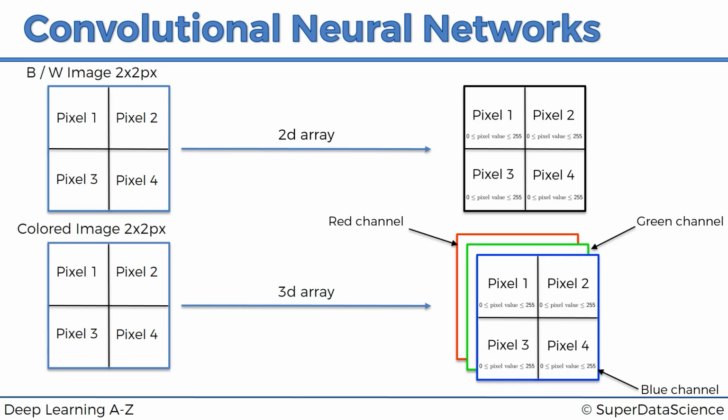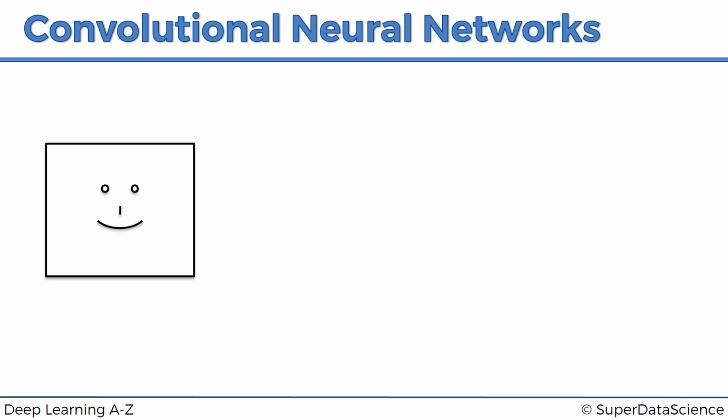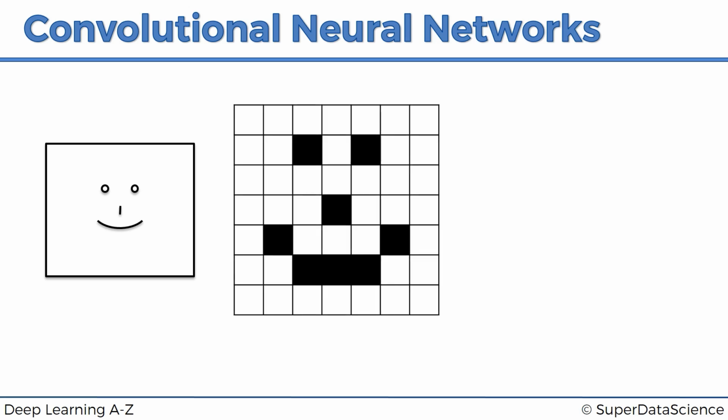And finally, let's have a look at a very trivial example of a smiling face in computer terms. If we really simplify things, instead of having values from 0 to 255, just so that we can understand things better and grasp the concepts, we're going to say 0 is white, 1 is black, right?